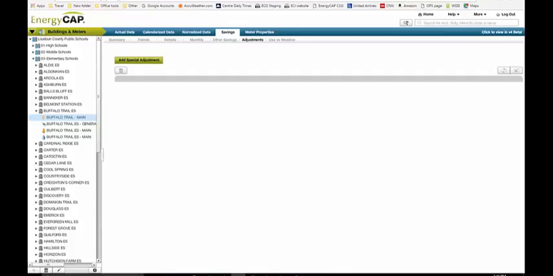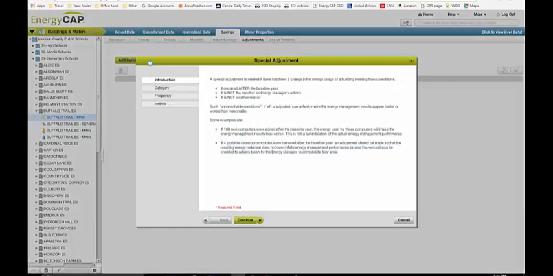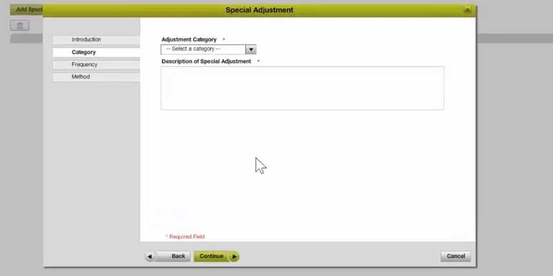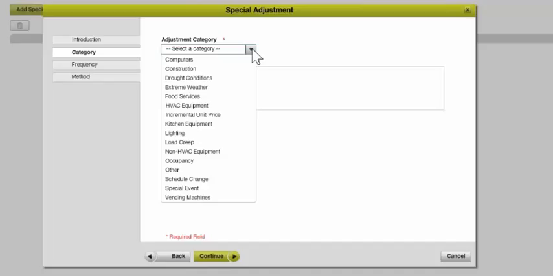So let's say we had extended occupancy in the month of June because we had a blizzard in January, school was closed, so we went a week longer in June. So now I want to make an adjustment to every June, or to the June in which I had the extra week of occupancy, to take that into account.